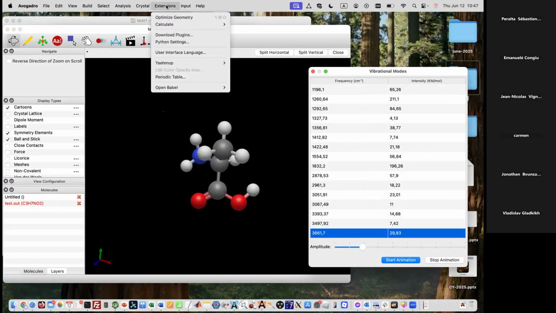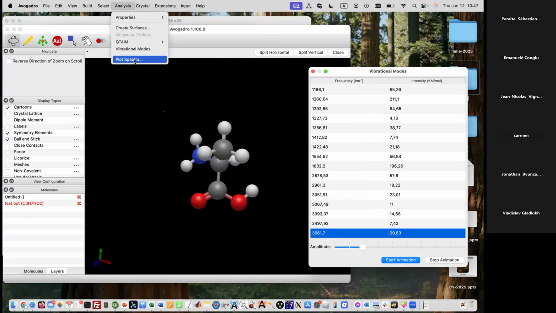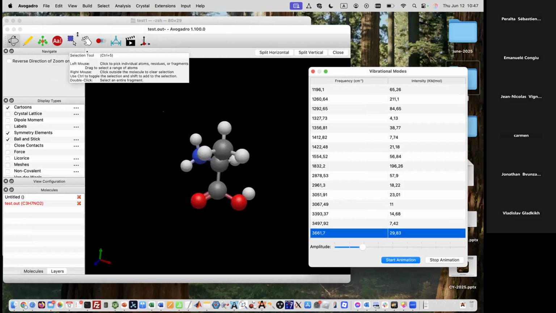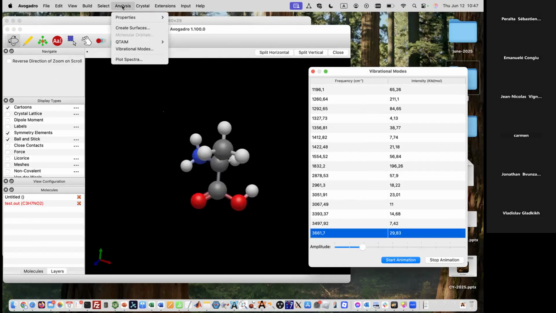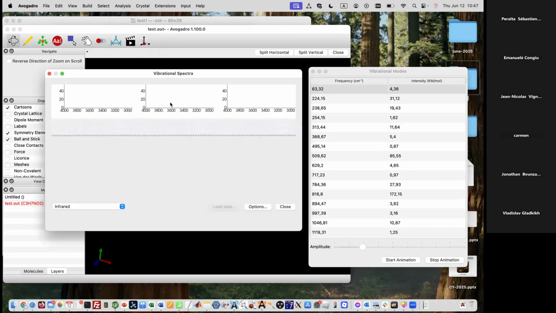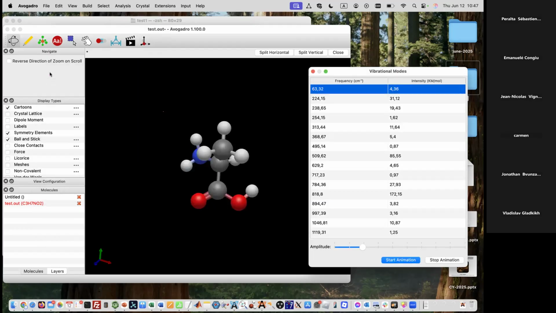And if you want to, you can also look at the vibrational spectrum, which is available here: analysis, vibrational modes, plot spectra. Stop animation.